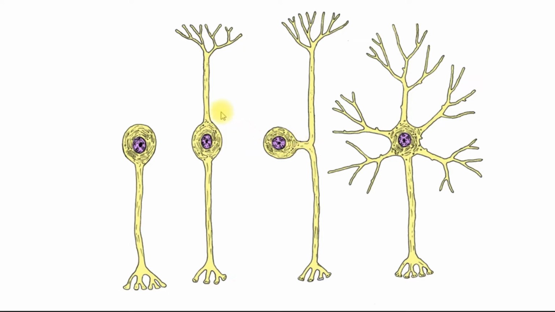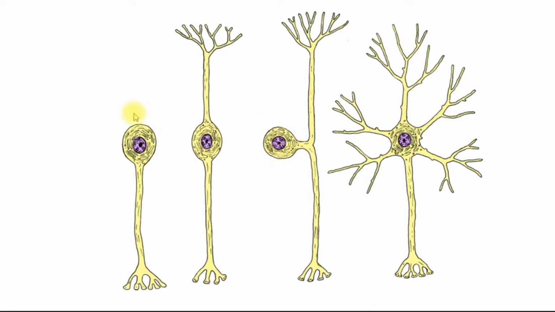But what is the difference between bipolar and pseudo-unipolar neurons? In pseudo-unipolar neurons, dendrite and axon have a common beginning, a common trunk. It begins from the perikaryon. And bipolar neurons have distinct beginnings of dendrite and axon. But why do we call this type of neurons pseudo-unipolar?